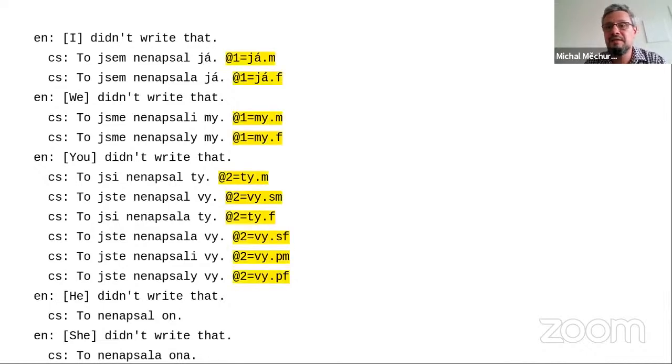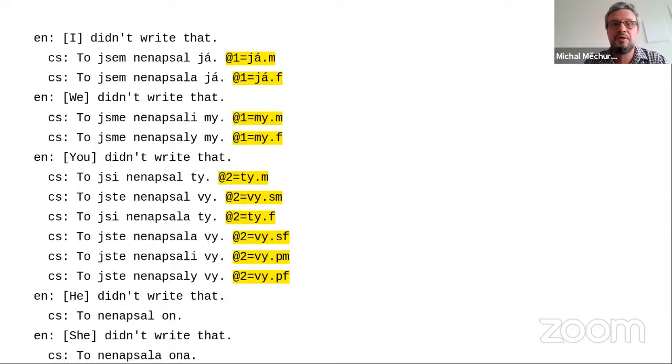So these tags at the end of the sentences, this is information which tells CheckSlater how to disambiguate this for the end user. These tags are then translated into these kind of human readable little captions, such as said by a man, said by a woman, or said to someone, a single person you address respectfully, and things like that.